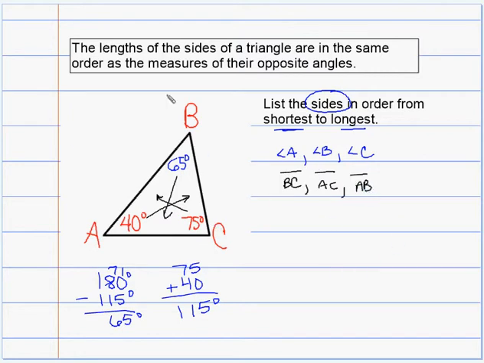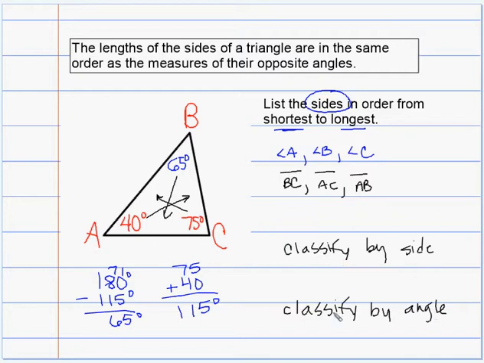Now, let's classify this triangle by side length, and let's classify by angle. Let's do angle first. Do we have a right angle?